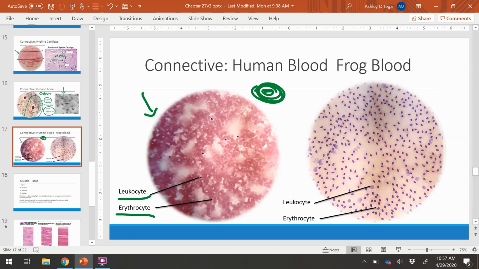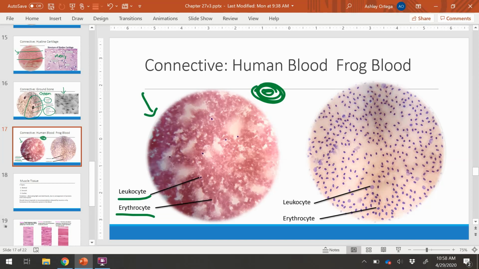Now, looking at frog blood is very different. Their erythrocytes, or red blood cells, will actually keep their nucleus at maturity, which is something that ours do not do. They have a nice purple nucleus with a very clear cell, which is undyed here.